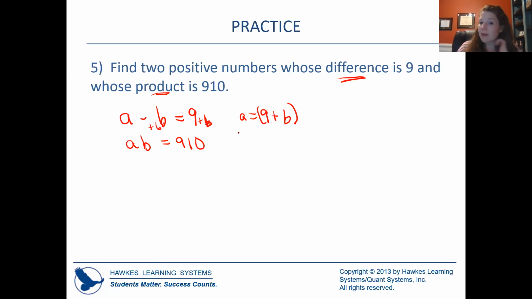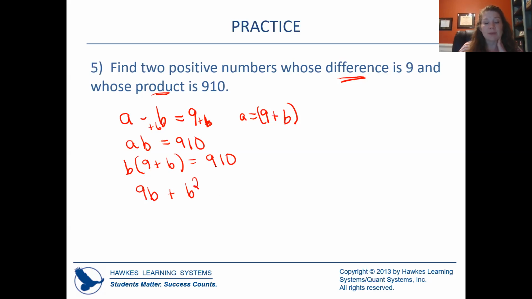All right, so what is the value of A? It's 9 plus B. So I'm going to multiply B times the value of A, which is 9 plus B, and then let it equal 910. So B times 9 is 9B plus B squared.